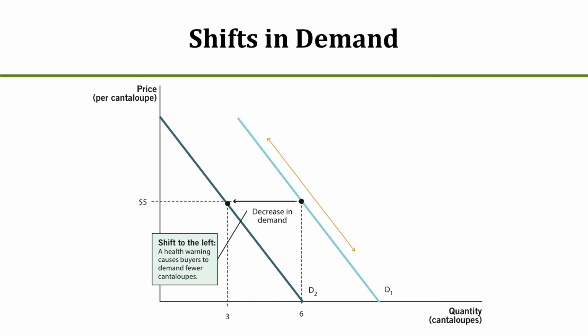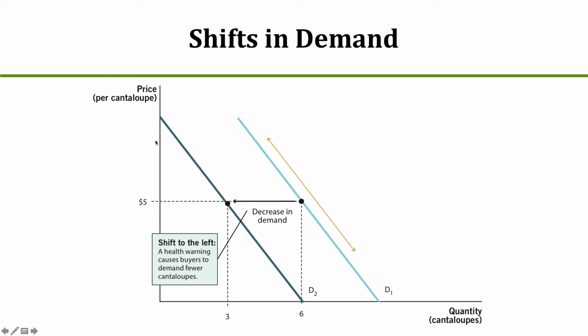That's why the consumers are demanding less of that good for each price. So the demand is shifting from D1 to D2. When I say consumers are demanding less for each price level, I mean this. For $5, initially they were demanding 6, but right now after the demand changed, for $5 the quantity demanded is 3.